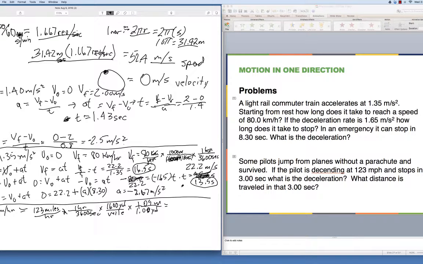So if we take that and do the calculation, we get approximately 59.6 meters per second, which is pretty close. So we're going to go from 59.6 meters per second to 0 in 3 seconds.